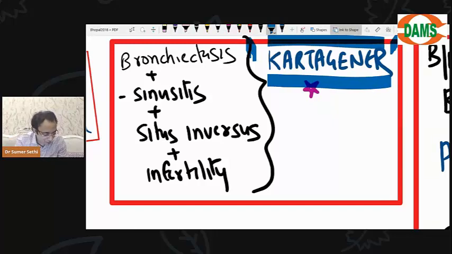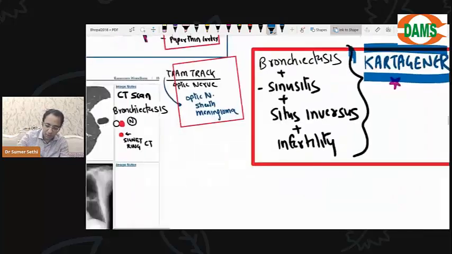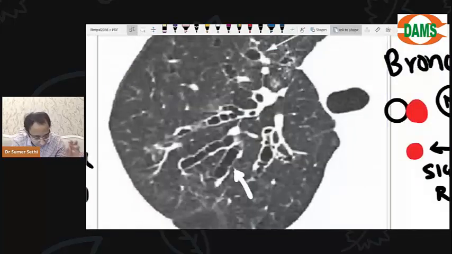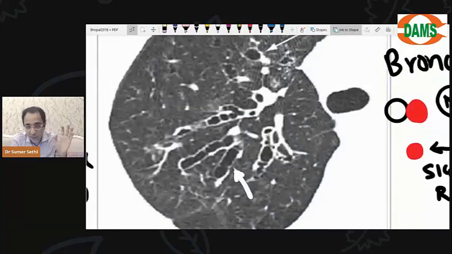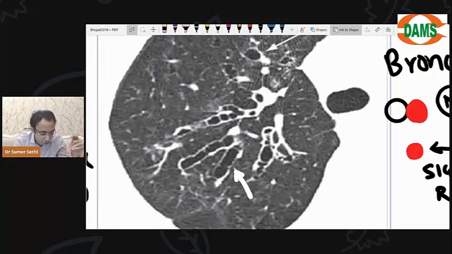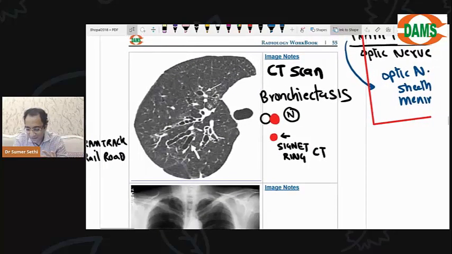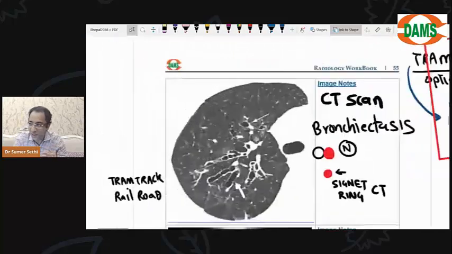It's clear? Are you able to mark all this? Very good. So this is how the visual would look like. All you need to do in the exam is identify cystic fibrosis by looking for bronchiectasis. Bronchiectasis will be the thing that they will show you in the CT if they are talking about cystic fibrosis or carcinogenesis syndrome.